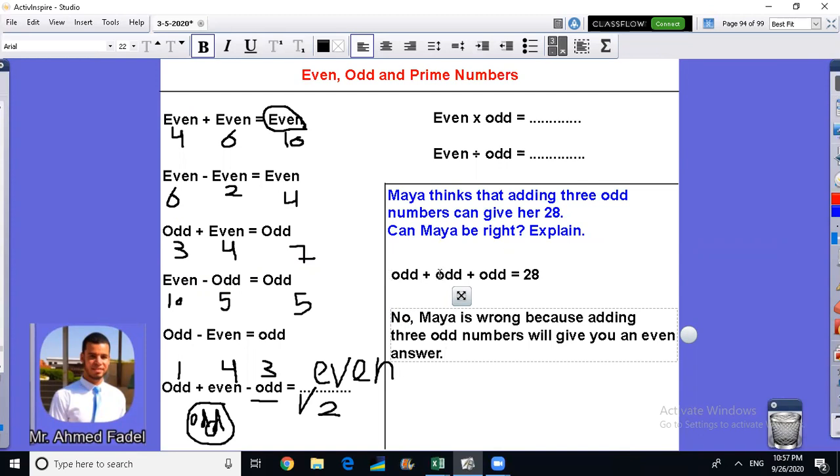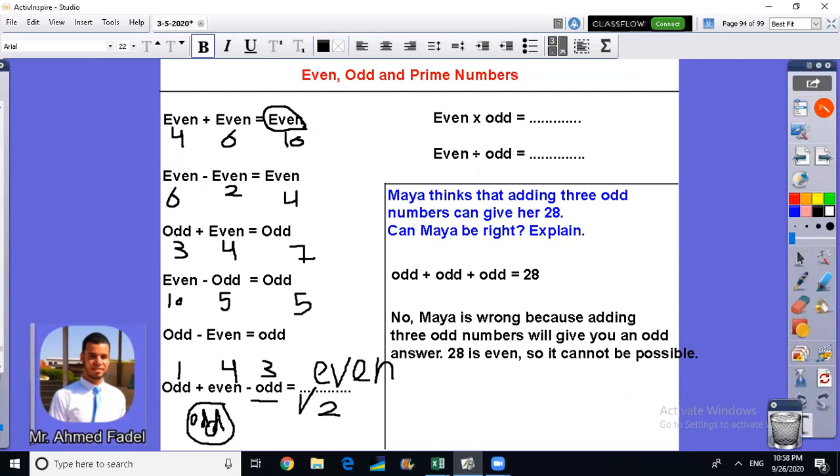Odd plus odd is even, and even plus odd is going to be odd. So adding 3 odd numbers is going to give you an odd answer. 28 is even, so it is not correct, so it cannot be possible. That's it. Of course, the words that you choose are totally up to you, but it should include that adding 3 odd numbers will give us an odd answer, and 28 is not odd, so Maya is wrong.